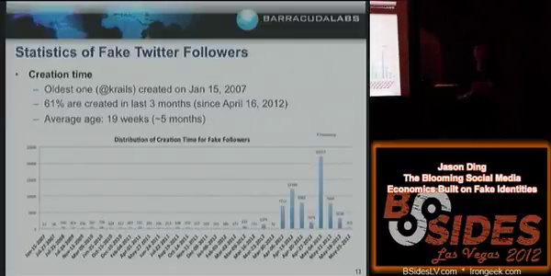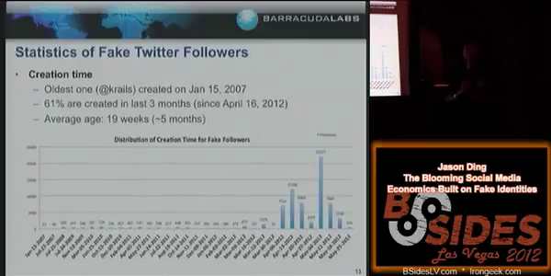Let's look at some statistics about these fake Twitter followers, these fake accounts. The oldest one we found was created on January 15, 2007. If you have a cell phone right now, you can check this guy called K Reels. He has some tweets, about 2,000 followings, and he can tweet some stuff.